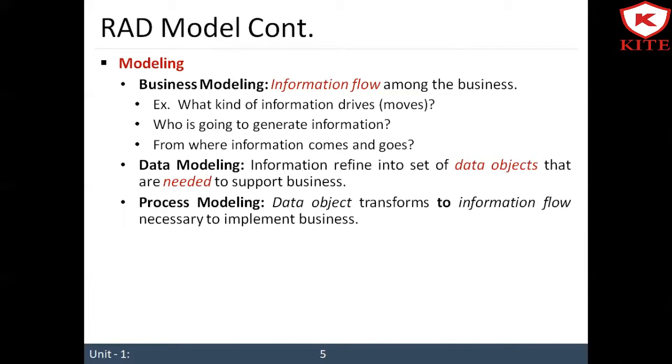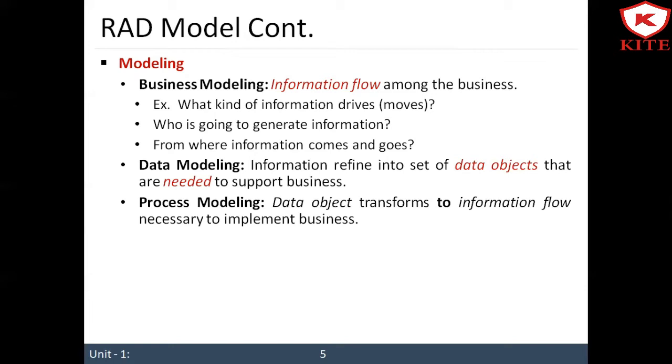So what happens in business modeling? It is useful for information flow among the business. For example, what kind of information drives the business? What information is required for the design? Who is going to generate the information? From where does information come and go? So this type of basic question's answer we get from business modeling.